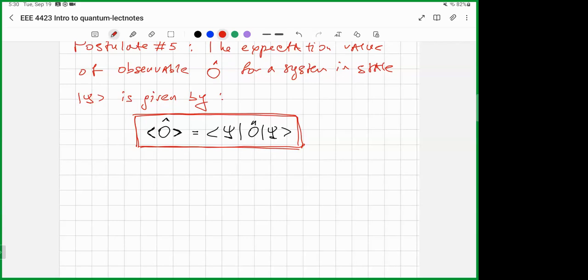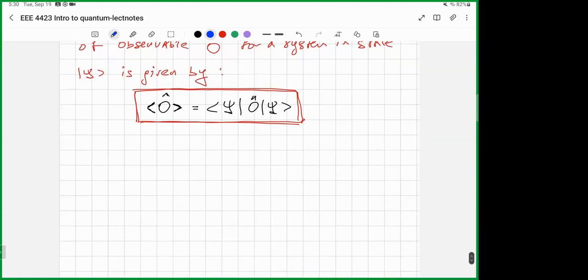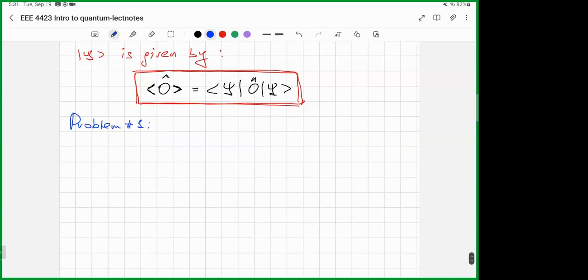So let us consider a couple of problems to exemplify this. Let's consider problem number 1. Let's take the simplest Hermitian operator, like 2, 1 minus i here, 1 plus i here, 3, right?